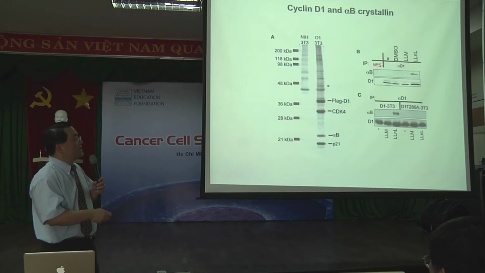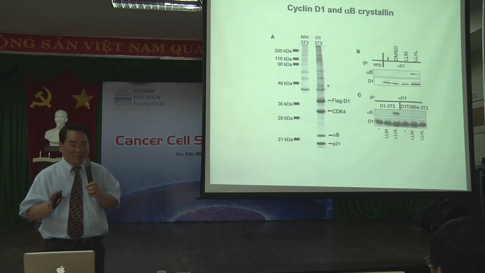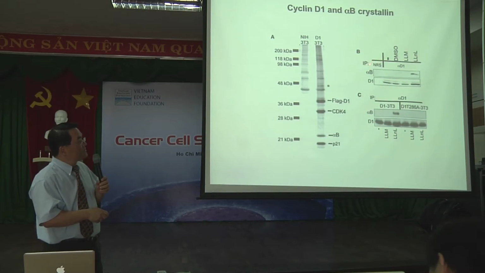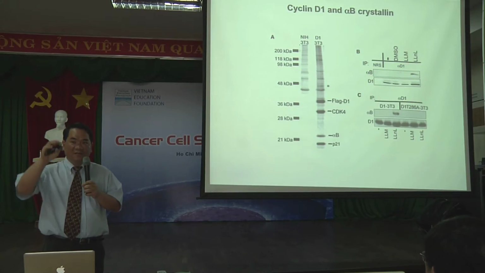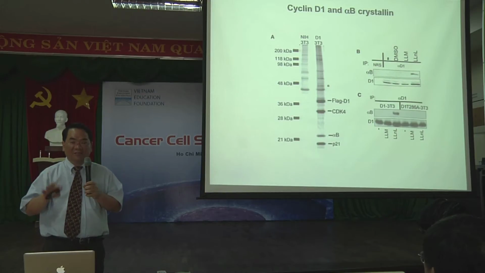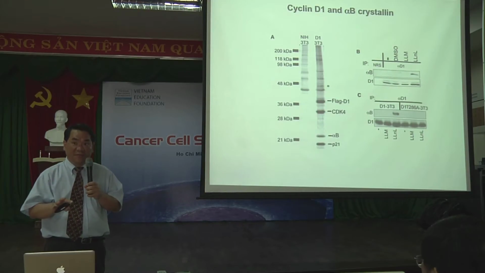So remember this particular technique, because this is very important to recognize protein association. This is the technique that was done here. It's called IP Western. Immunoprecipitate cyclin D1 first, so all the cyclin D1 associated proteins will be immunoprecipitated.